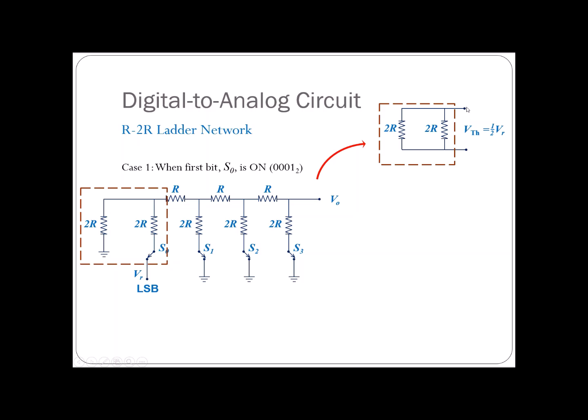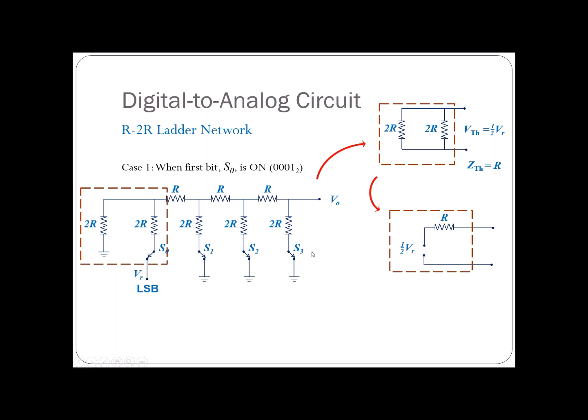If you have two resistors with the same value connected in parallel, the equivalent resistance will be half of each resistance. So the Thevenin impedance here will be equal to R. This will be our Thevenin equivalent.